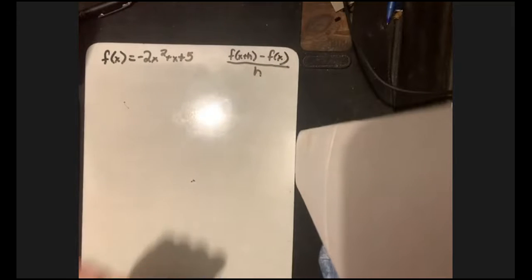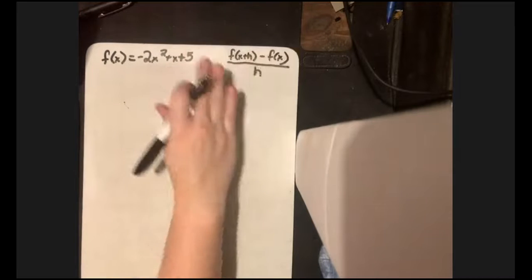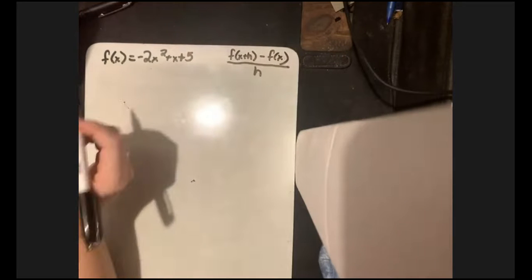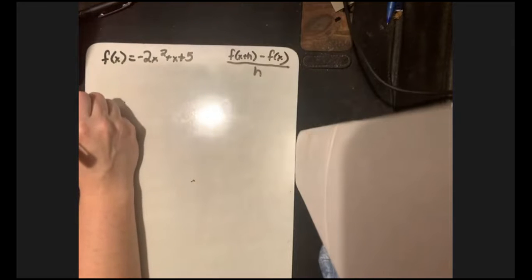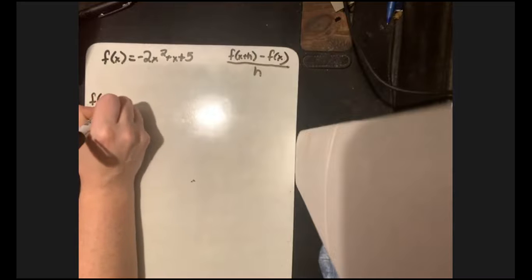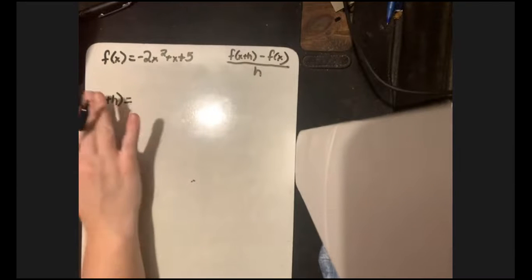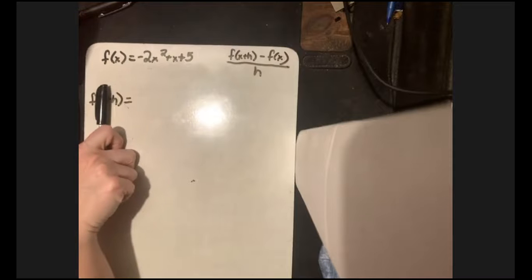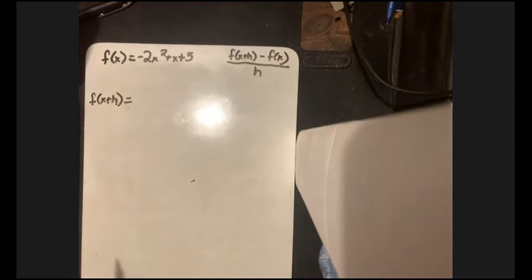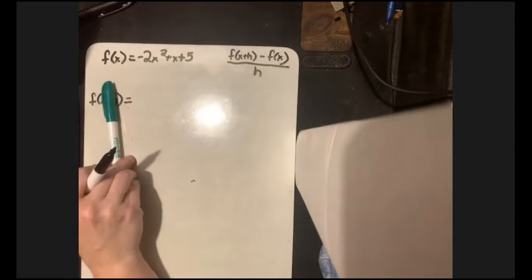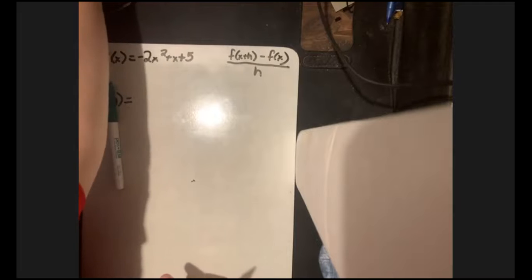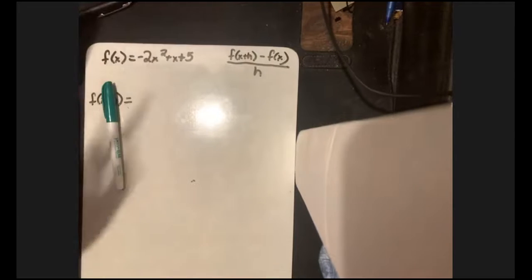So the first thing that I'm going to work with separately, because I don't want to have to keep track of this fraction for a bit, is f of x plus h, okay? Now, if you remember what this notation means, you can cover the x up with a marker.